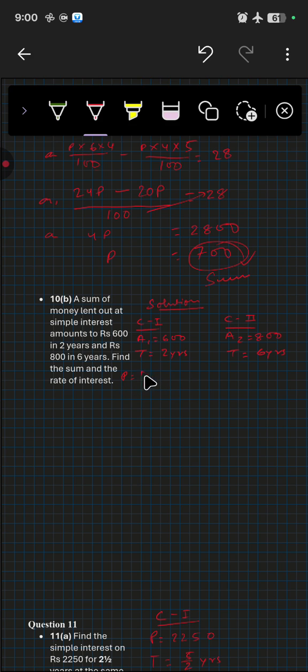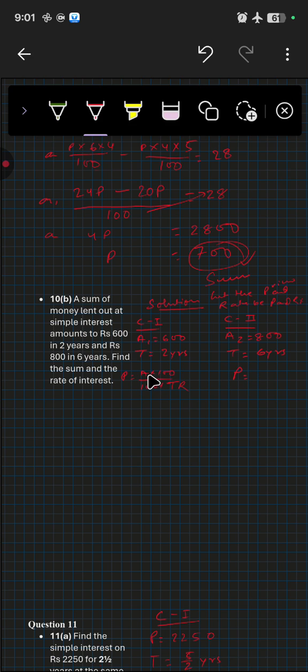Principal is equal to amount into 100 by 100 plus TR. Time and rate will be same, right? Let the principal and rate be P and R percent. 100 plus TR, same over here.